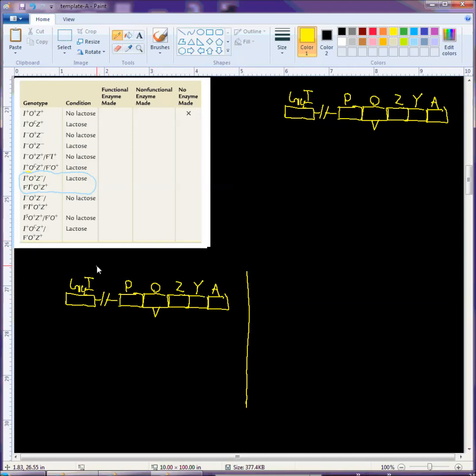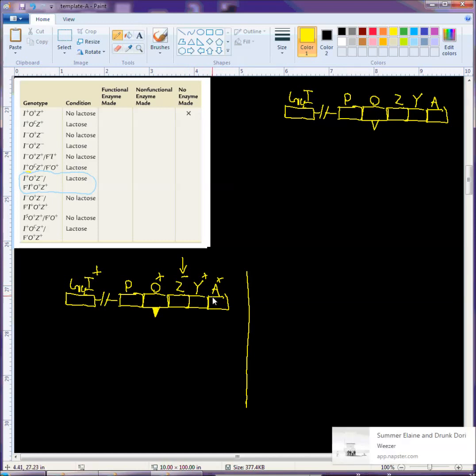Now, we have a wild-type copy of LAC-I, wild-type copy of LAC-O with the normal LAC-I binding site, and mutant copy of LAC-Z. And then we can say plus for the others. Doesn't really matter. We're mostly interested in LAC-Z. So, okay, that is what the LAC operon looks like on the chromosome.